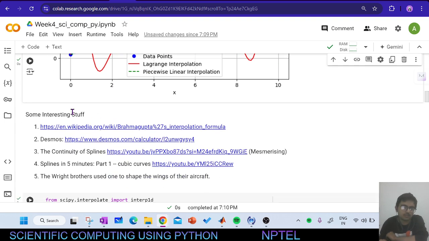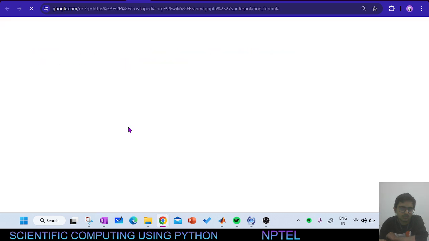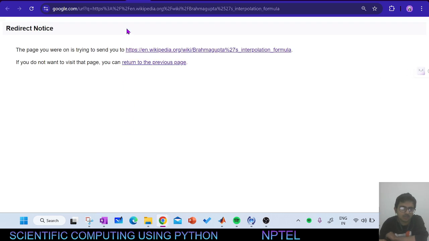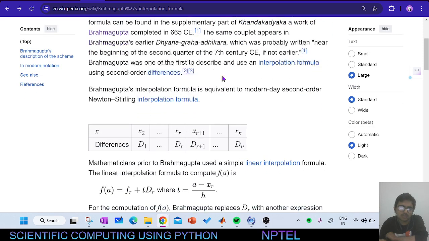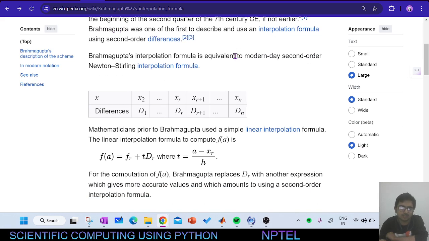So before that, some interesting stuff that I found. The first one is called Brahmagupta's interpolation formula. I don't know why it's not working. I'll change the link. Yeah. But there is something called Brahmagupta's interpolation formula, which is a second order polynomial. And it was done in 7th century. So about 1300 years back.